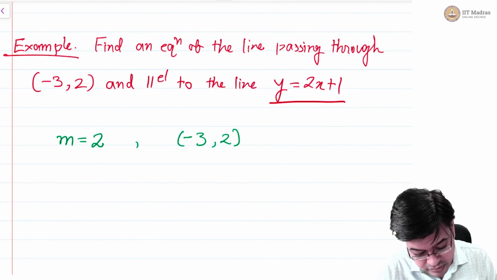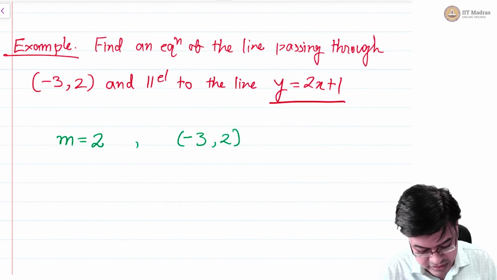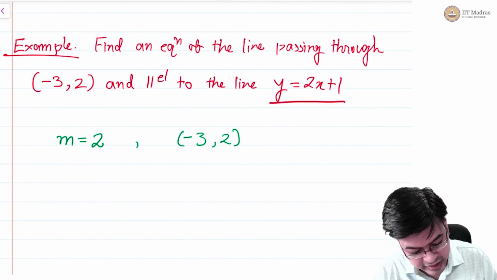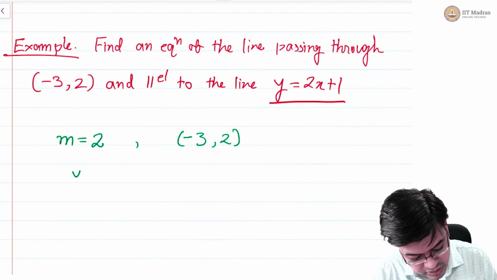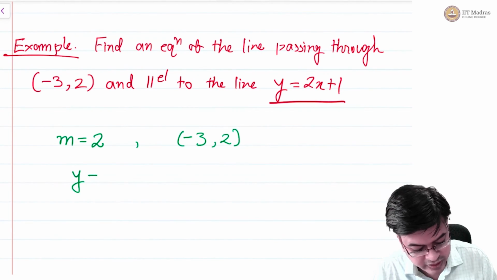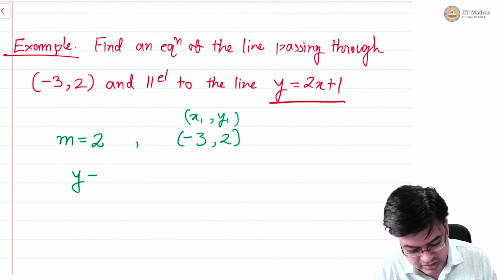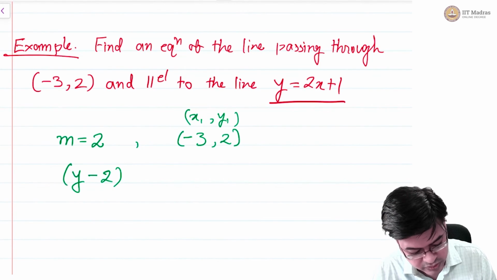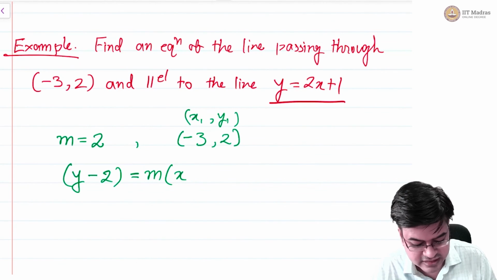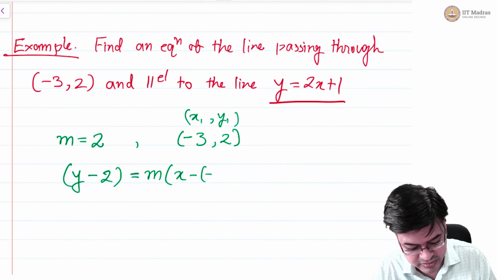Now you simply start with this point (-3, 2) and apply our slope-point formula. y minus y1 equals m times x minus x1, where I write x1, y1 for clarity. y1 is 2, so y minus 2 is equal to m times x minus x1, which is -3.